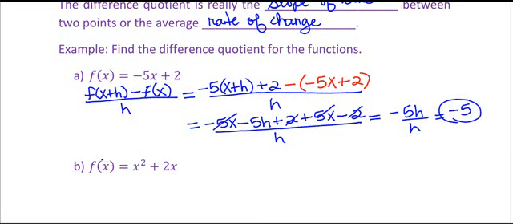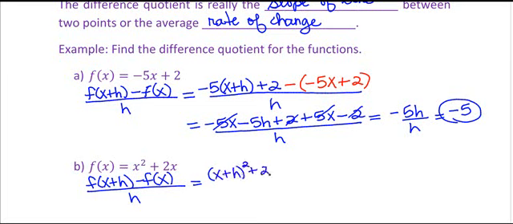Now, what about in this quadratic function, f of x is equal to x squared plus 2x? When I find f of x plus h, I'm going to have two occurrences of x that I've got to substitute the x plus h into. So f of x plus h is going to be replace the x with x plus h, square it, plus 2 times x plus h.